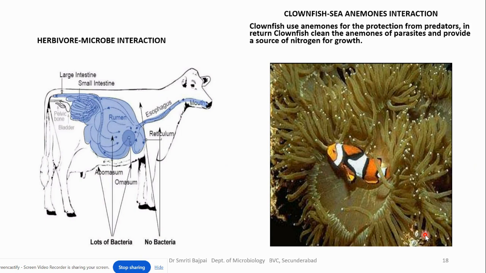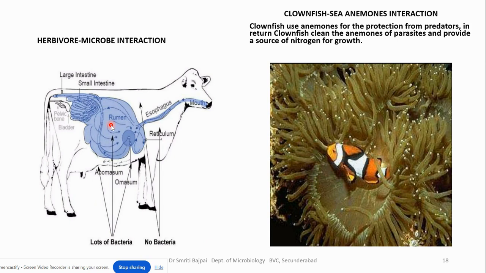Two other examples of mutualism are the herbivore-microbe interaction. In the rumen of many herbivores, many ruminants, many types of bacteria are present. What is the role of these bacteria here? They are present for the digestion of cellulose in cattle.